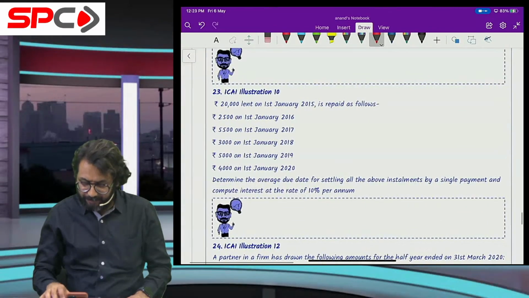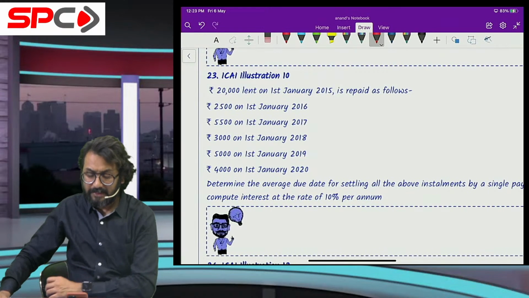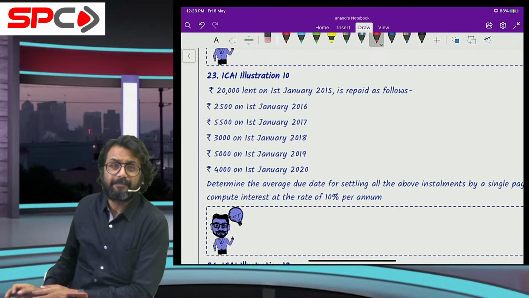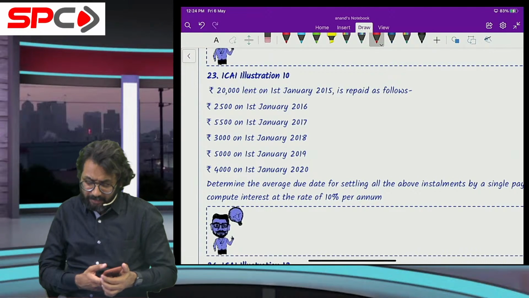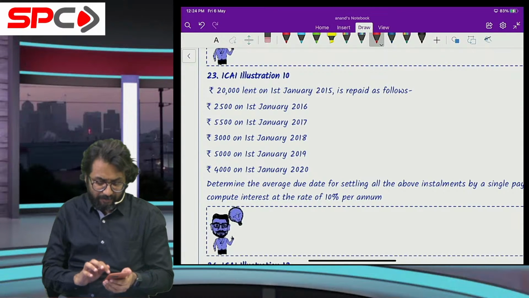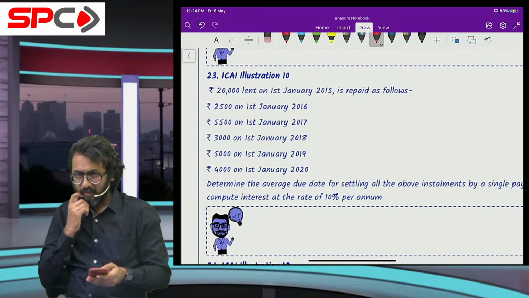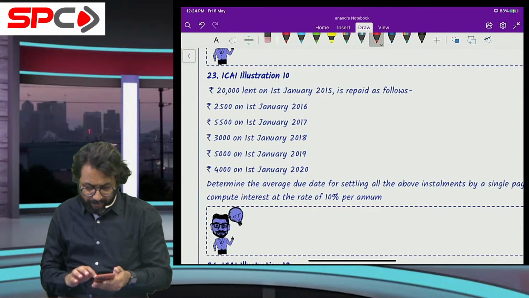Read it carefully. 20,000 is lent on 1st Jan 2050. Please ask yourself, lent means what? We have borrowed or we have given the money. So, okay. Now going ahead, what does it say?